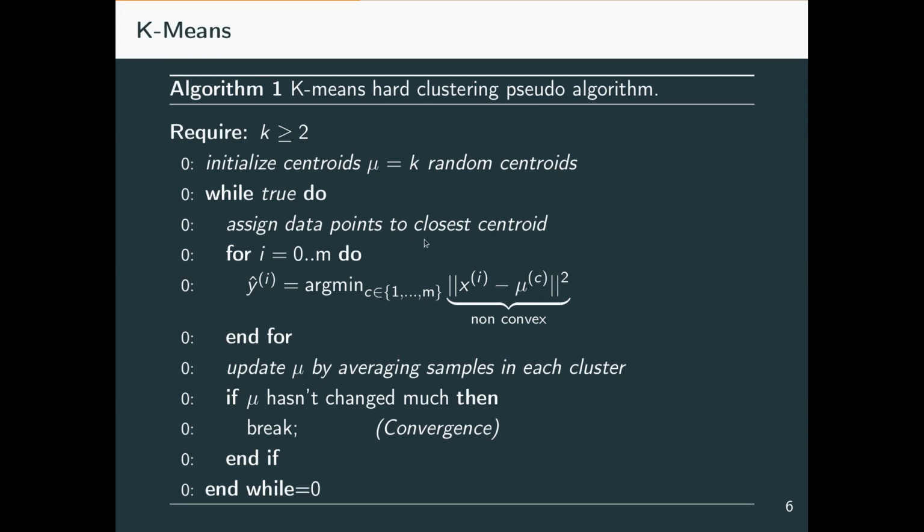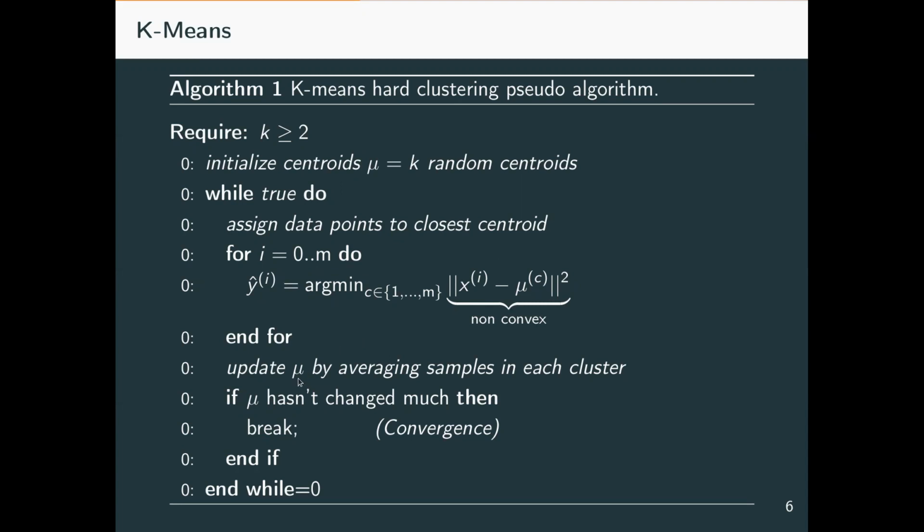For each data point in our data set, we calculate the similarity to one of the random starting centroids, and we assign it to the closest one. This is the similarity function used in k-means: the Euclidean distance, simply the squared norm 2.